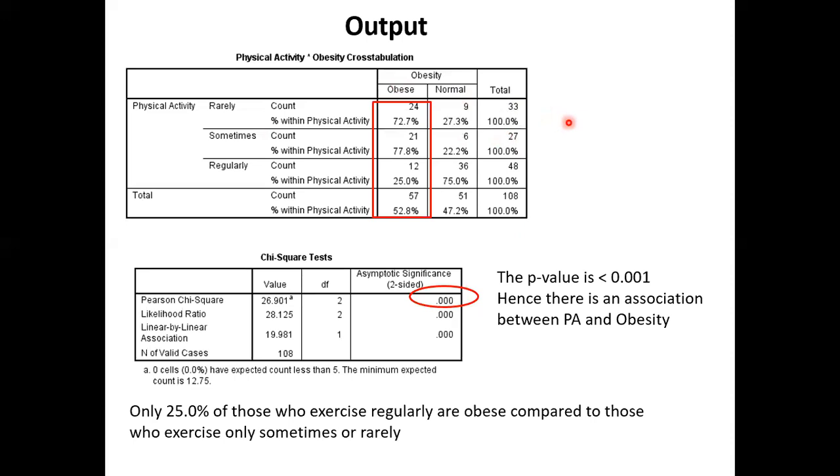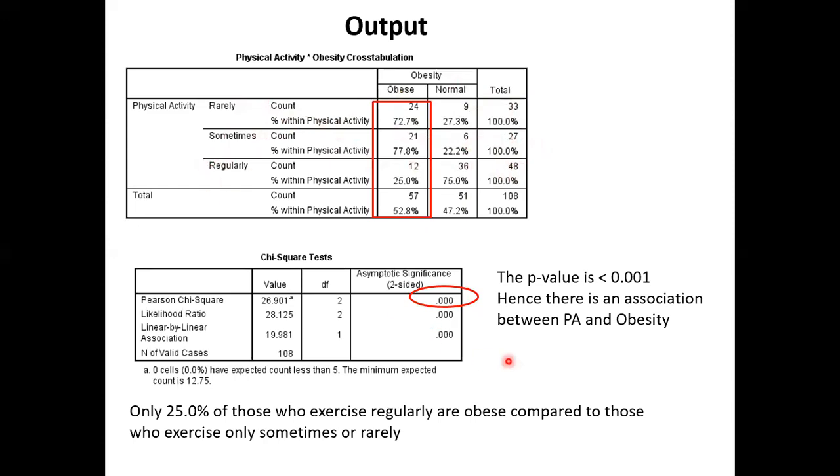So now I can say in this particular sample, 57 or 52.8% were obese, and 47.2% are normal. Among the sample, 33 rarely exercise, 27 sometimes, and 48 regularly.